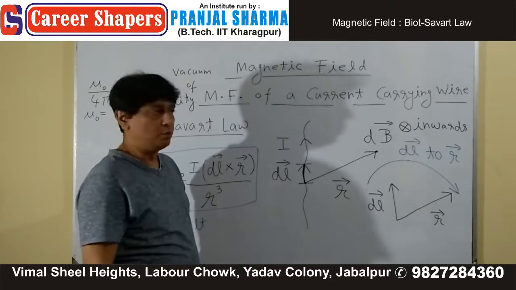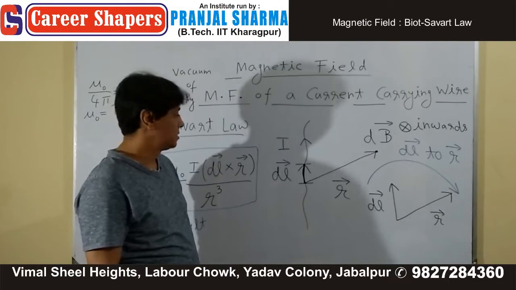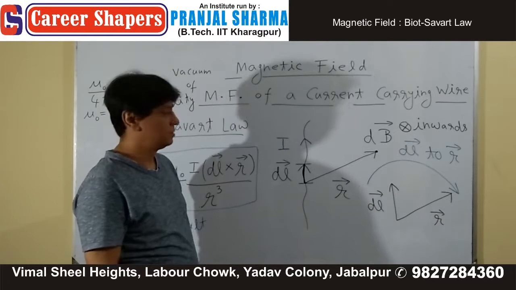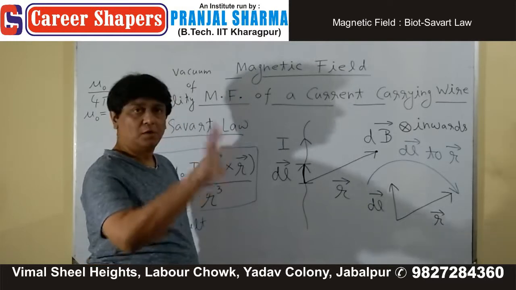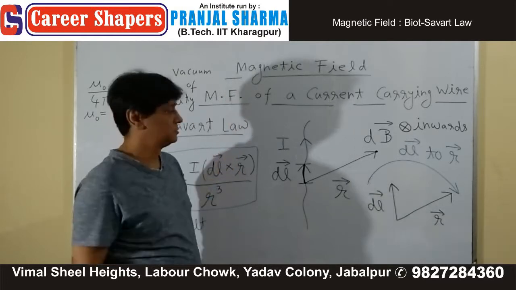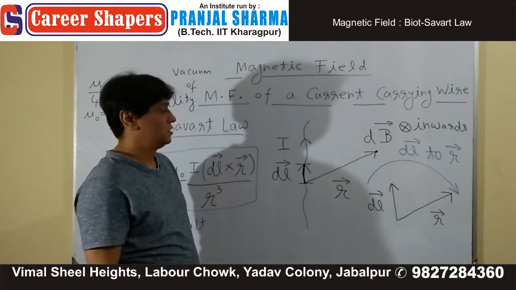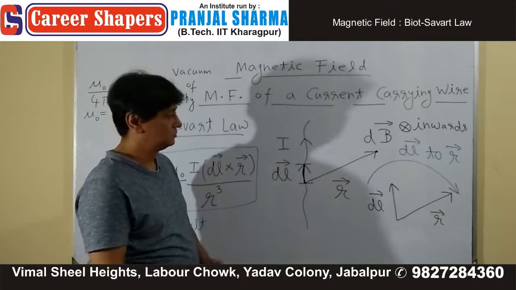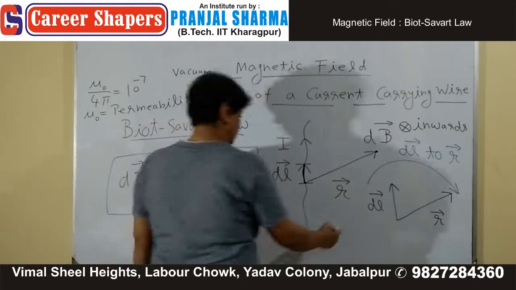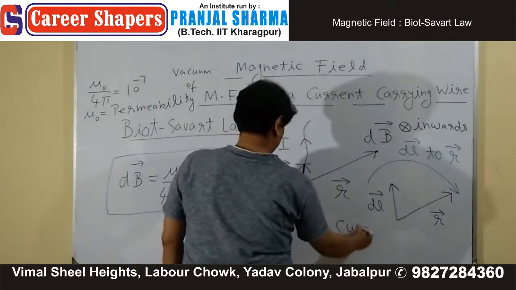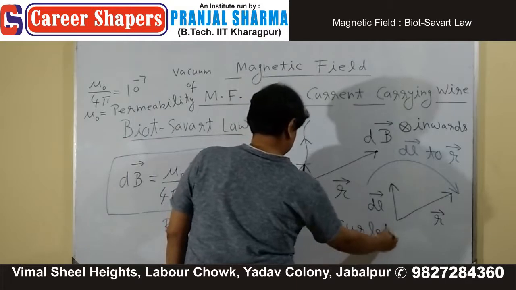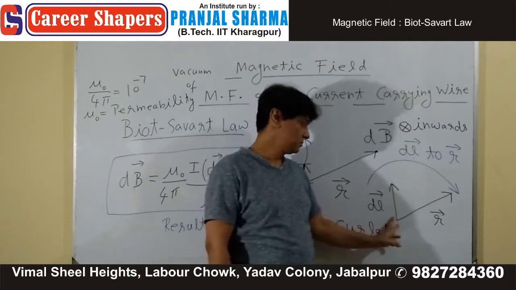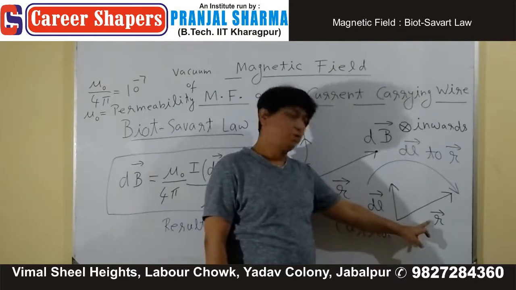According to right hand rule, right hand fingers should be curled from dl vector to r vector.